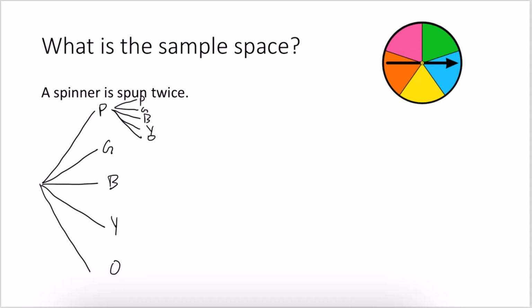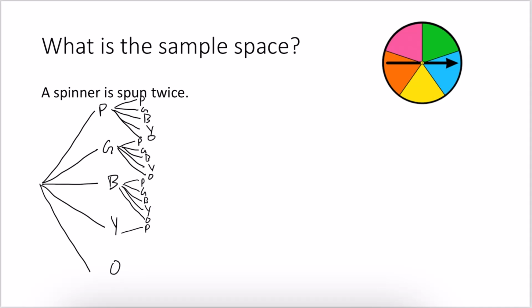And same thing, if I spun green the first time, I could get pink, green, blue, yellow, or orange for my second spin. And this would basically look the same for all of these. So if I spun blue first, I could get pink, green, blue, yellow, or orange. And then same thing with yellow.